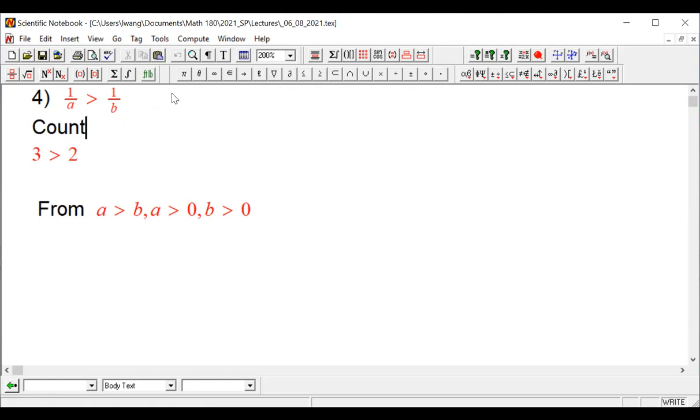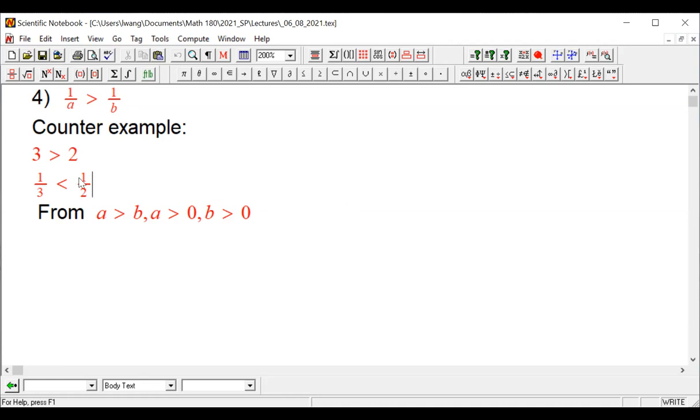So we're heading for a counterexample. But how about 1 over 3 versus 1/2? It's reversed, right? Follow me?